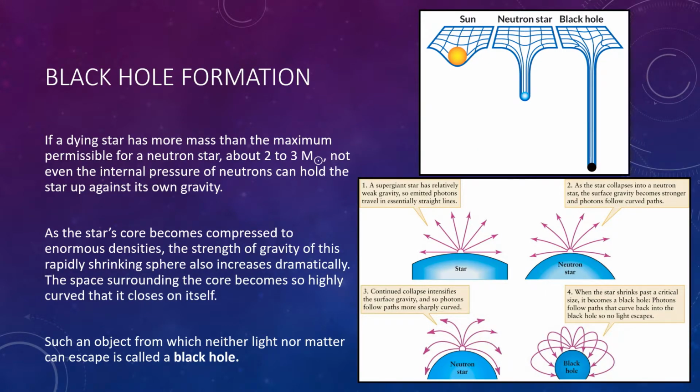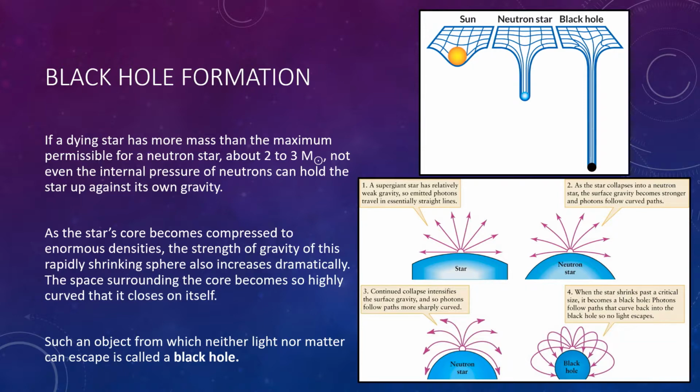Perhaps the most dramatic prediction of the general theory of relativity concerns what happens when a large amount of matter is concentrated in a small volume. We have seen that if a dying star is not too massive, it ends up as a white dwarf. If the dying star is more massive than the Chandrasekhar limit of about 1.4 solar masses, it cannot exist as a stable white dwarf and instead will shrink down into a neutron star.